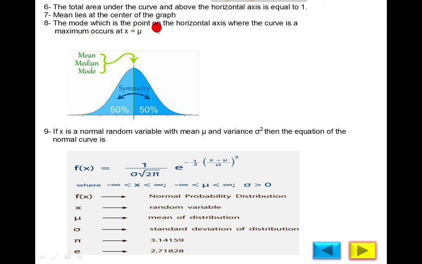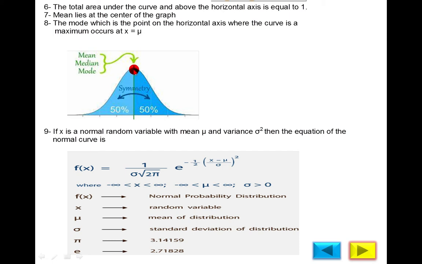The mode, which is the point on the horizontal axis where the curve is the maximum, occurs at x equal to mu. This mu represents the mean, lies at the center, and the center indicates the highest point, the maximum point. According to the definition of mode, the most frequent, most repeated, highest frequency is called the mode or modal class.